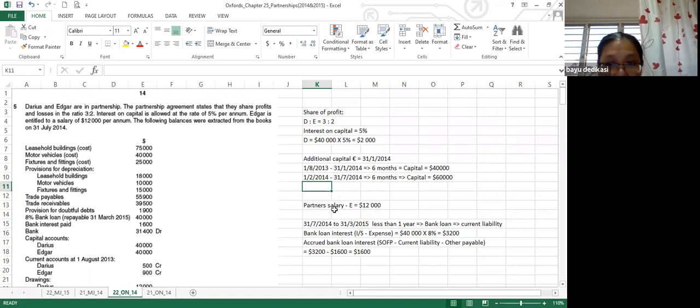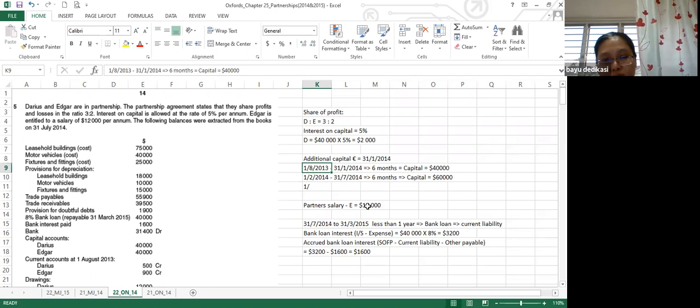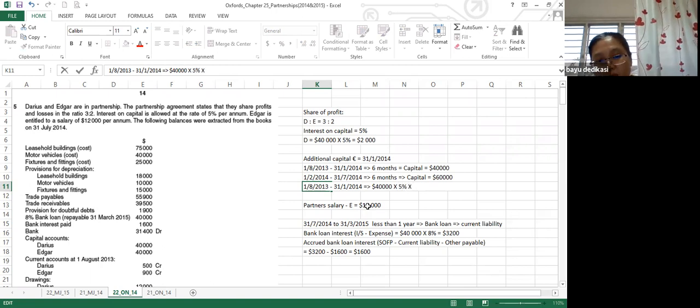So from this period, interest on capital, 1st August, you take 40,000 times how many percent? 5%. After that, you have to times 6 divided by 12 because this is only half a year. So 40,000 times 5% times 6 divided by 12, 1,000.